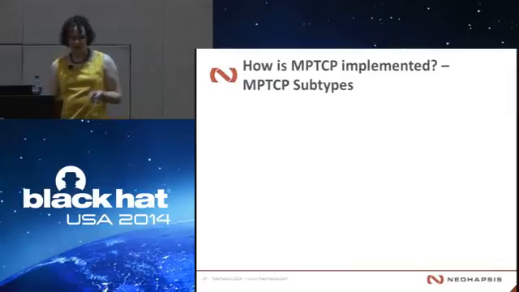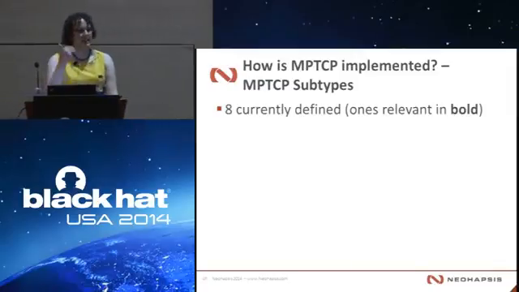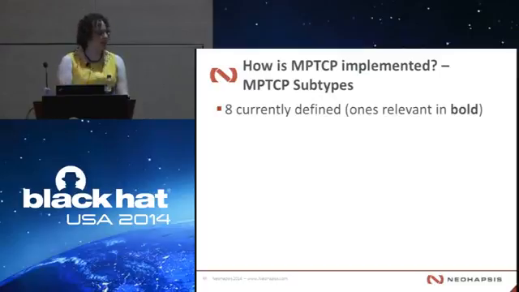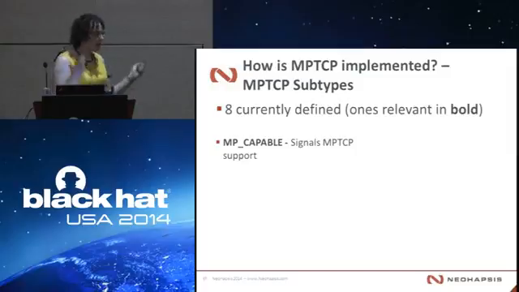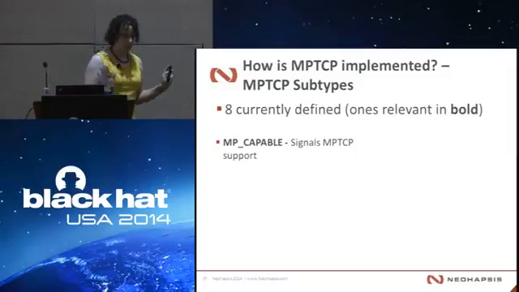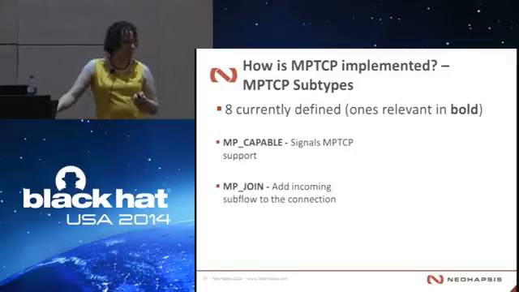So I mentioned those subtypes. A multipath TCP subtype is a message that achieves a specific purpose within a multipath connection. There are 8 of them currently defined. Multipath capable. That is sent in the initial handshake just to indicate, I support this. That's all. Join. If a connection comes in, it can authenticate to an already existing connection.